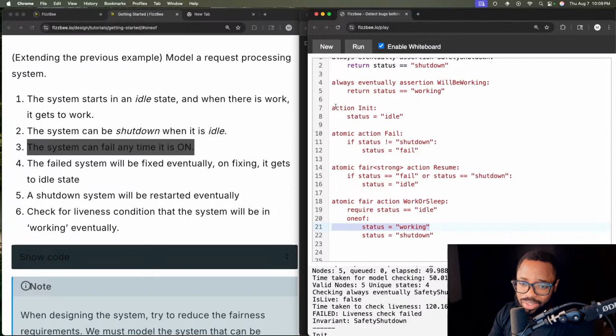Like, literally, you go from status idle, you choose working, and then you just stay there. There's nothing forcing a non-working status.